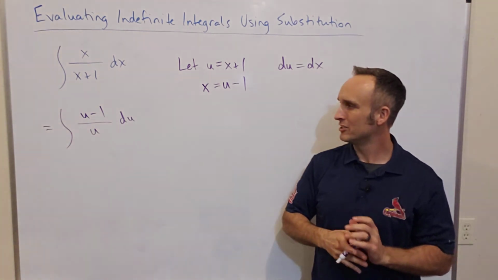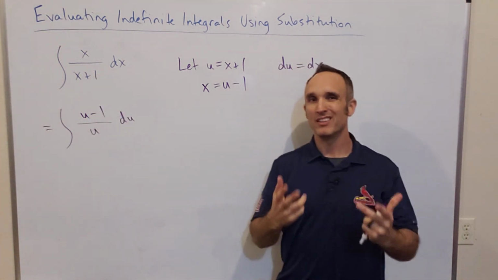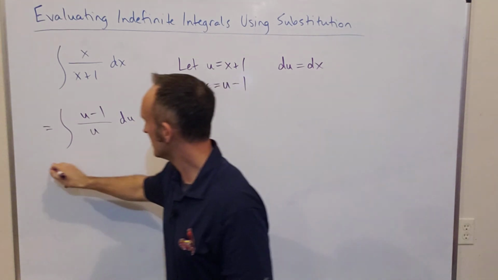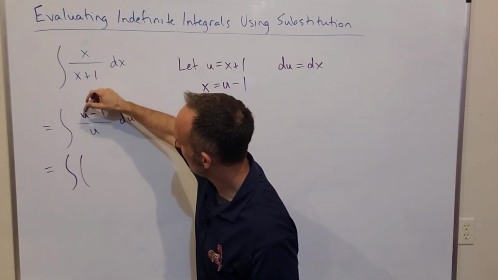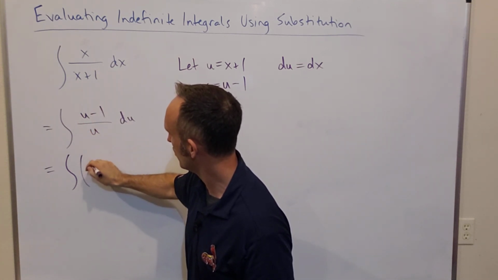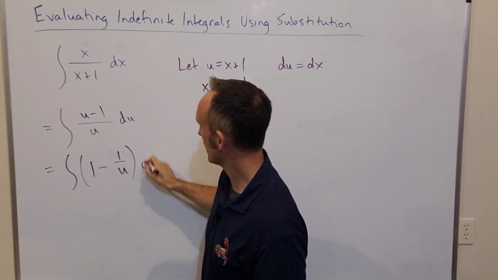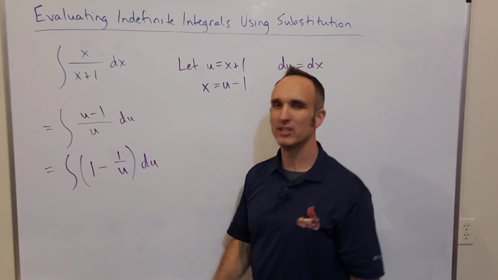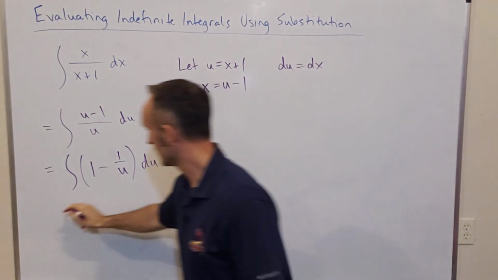Now, you may be asking yourself, well, how is that integral any better than what we started with? Well, the nice thing is now we can take this fraction and split it apart. I can divide each term on top by u. So u divided by u is 1 minus 1 divided by u. And I've split the fraction apart into a difference, and now we can antidifferentiate each term independently.